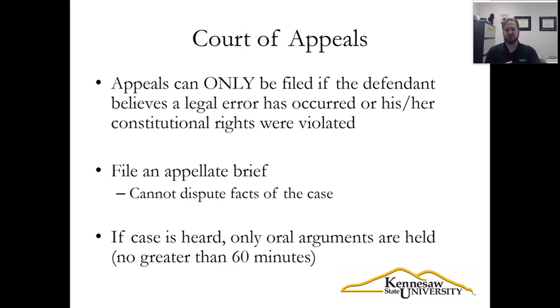Maybe the judge allowed some evidence that shouldn't have been allowed into the trial, and in doing so, it was prejudicial against you, and this adversely impacted the guilty verdict or something like that.